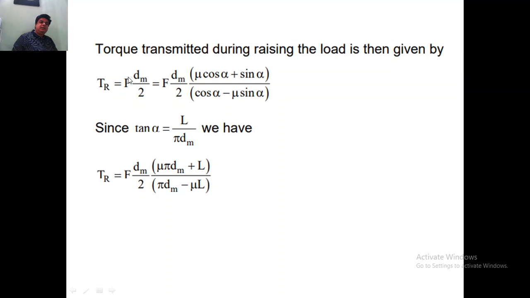Once that external force required, P, is known, we can calculate the torque. So torque is nothing but T, the force multiplied by the distance. Here the distance is the radius.